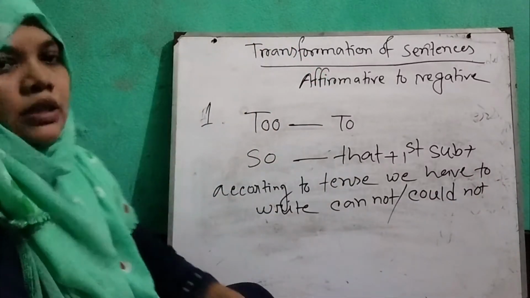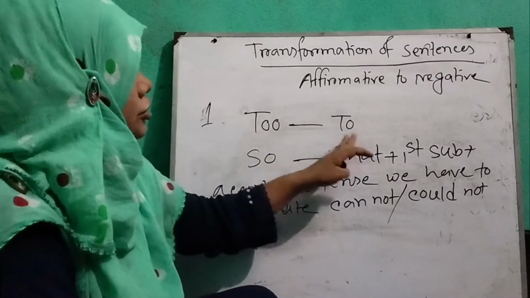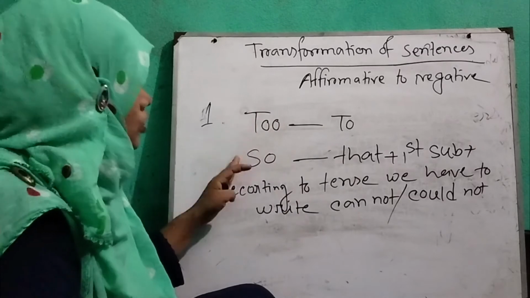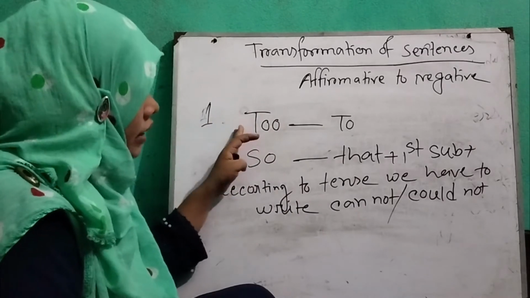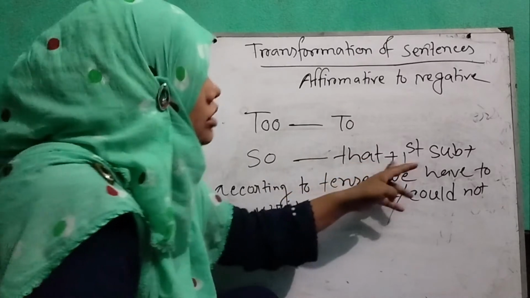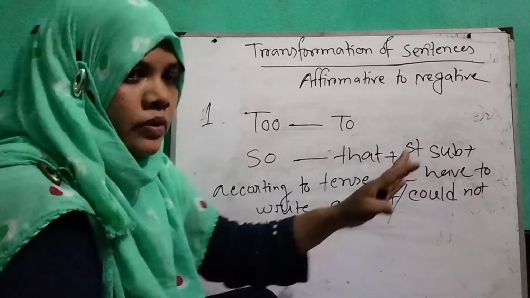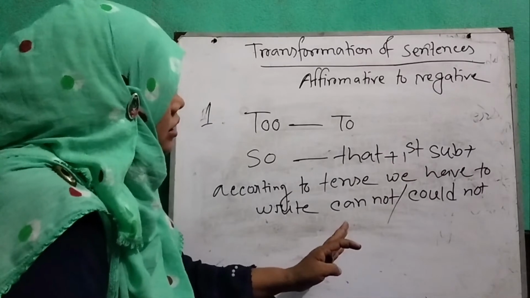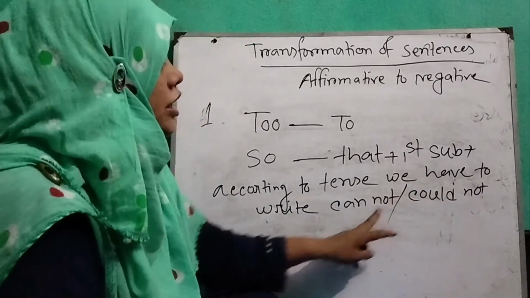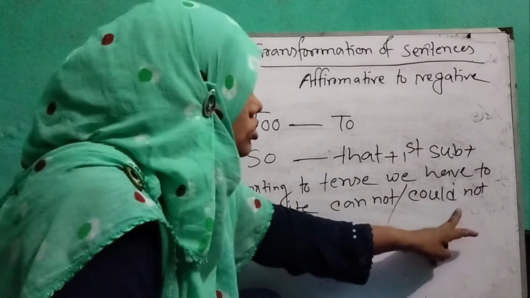So students, if there is too and to in an affirmative sentence, you have to write so instead of too, and instead of to, we have to write that, and then first subject of affirmative sentence, and according to tense, we have to write cannot or could not.